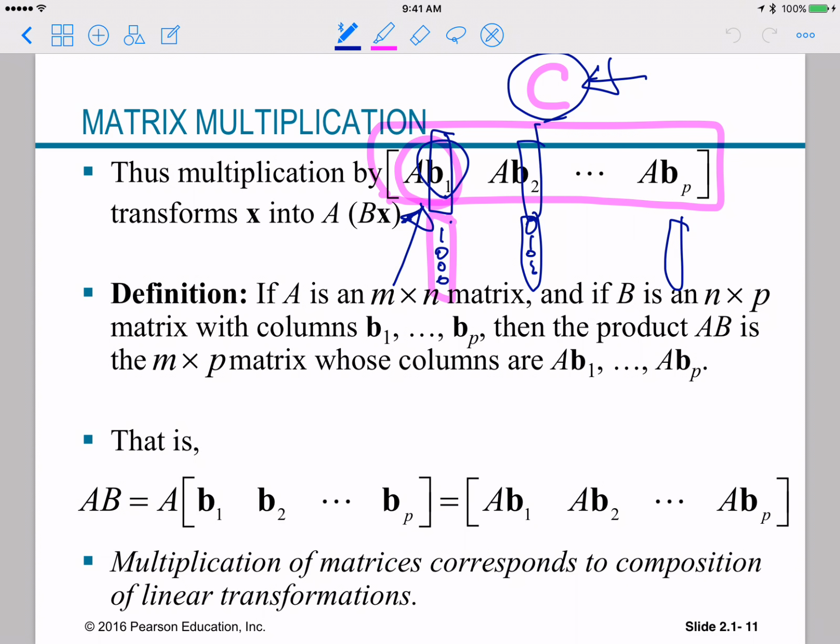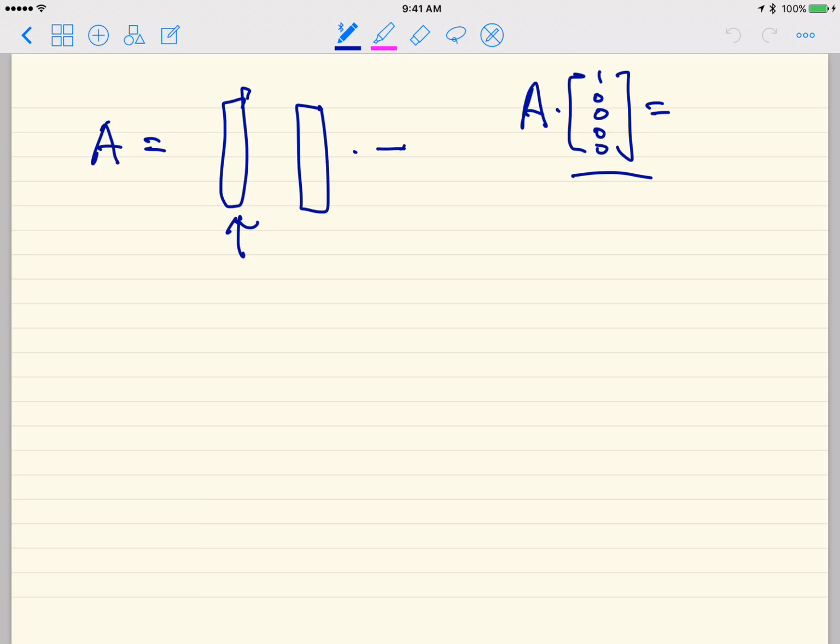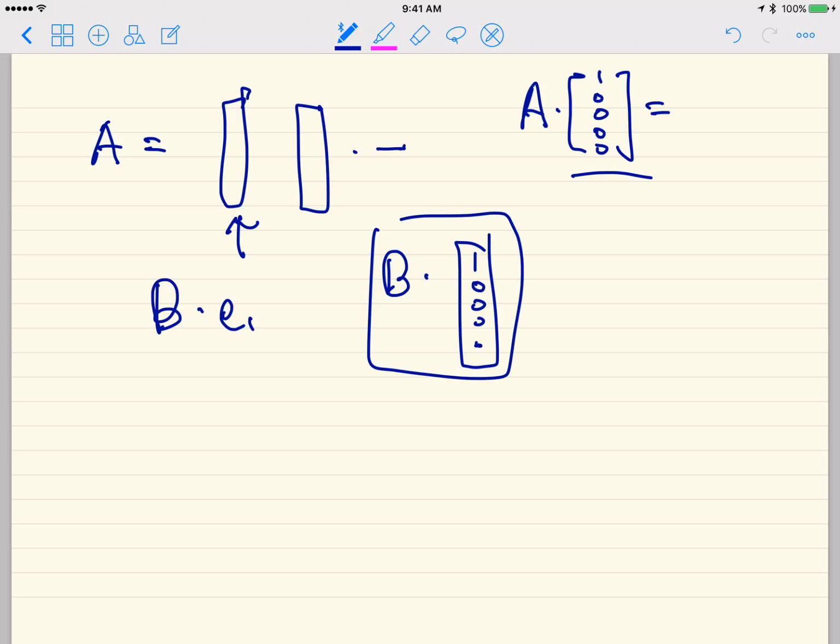B1 is actually the output of the linear transformation using B with E1, or B times 1, 0, 0. So this becomes B1, and the meaning of it is this. It is almost the same thing as a standard matrix.